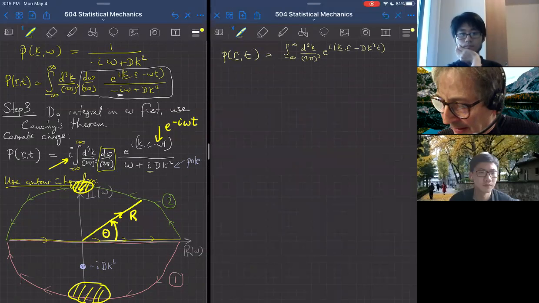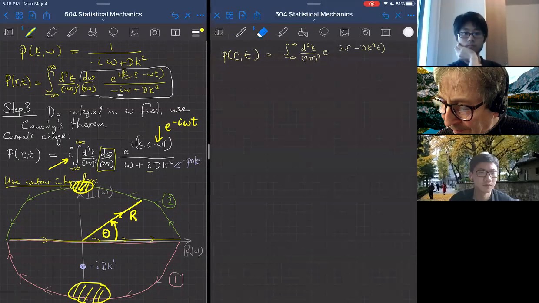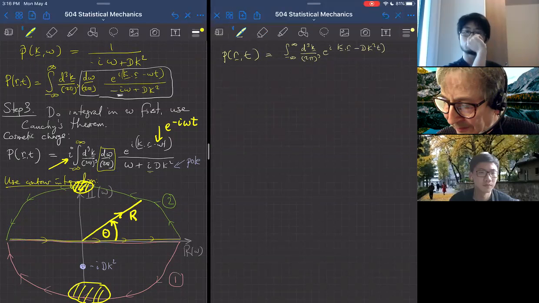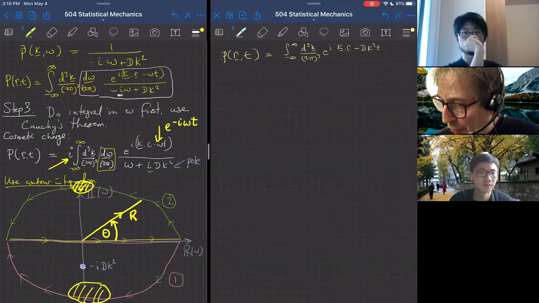Sorry, I've written this wrong. That's i. This thing does not have an i, and then this is true. This is true for t greater than 0, and it's 0 for t less than 0.